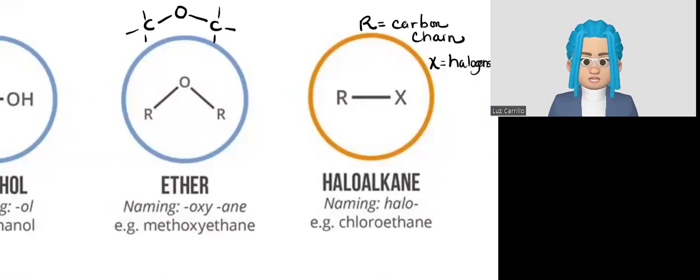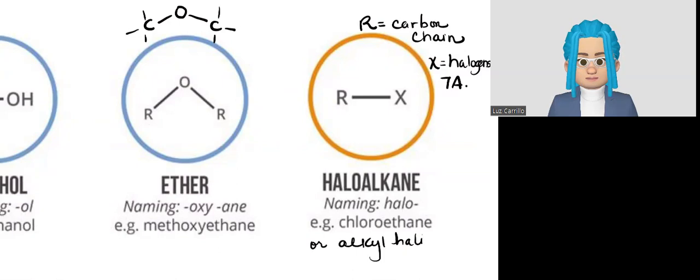Halogens are going to be elements that live in group 7A of the periodic table. Sometimes haloalkanes are also referred to as alkyl halides because of the presence of that halogen in the structure.